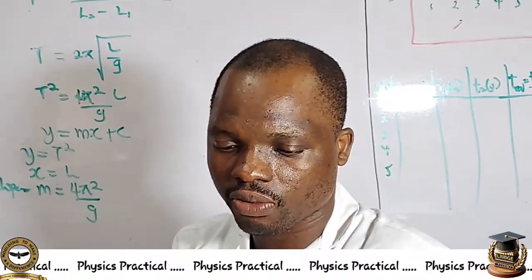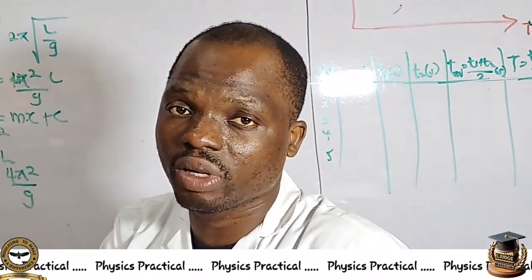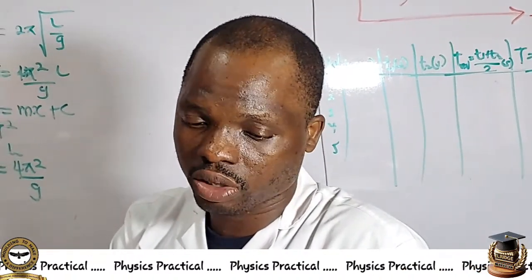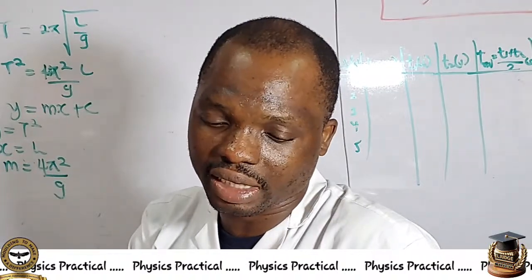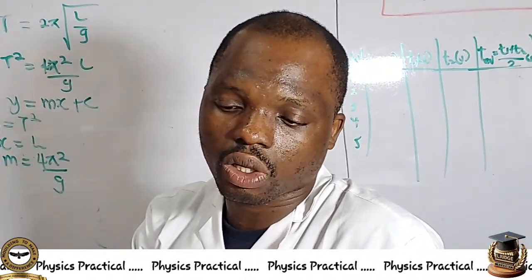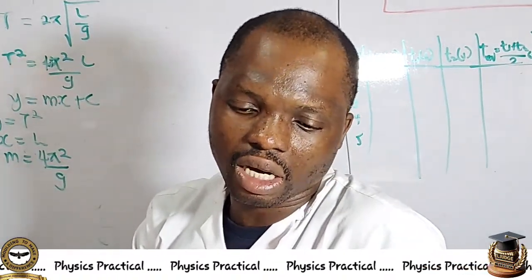If you don't state the instrument, then you have lost the mark for the precaution. Then you can also note that I corrected zero error on the stopwatch, clock, or the meter rule.